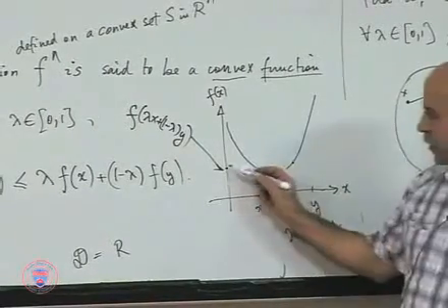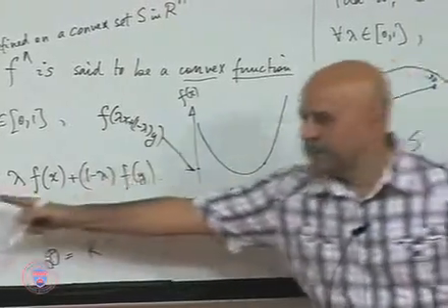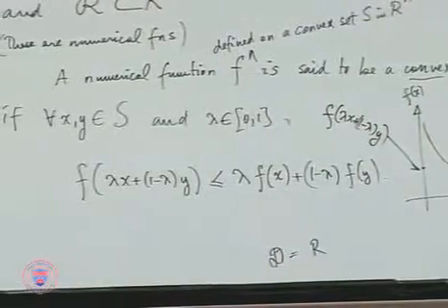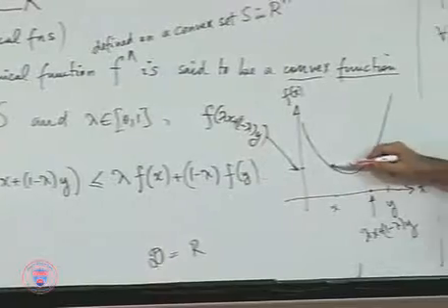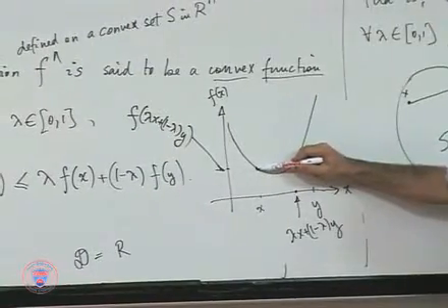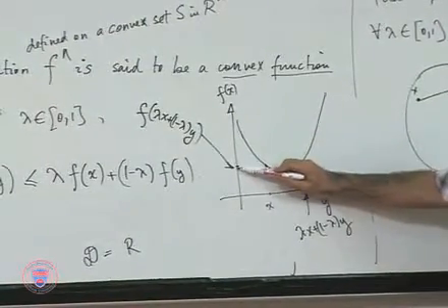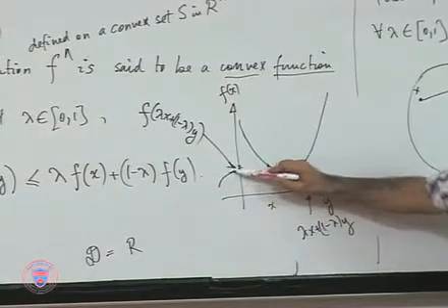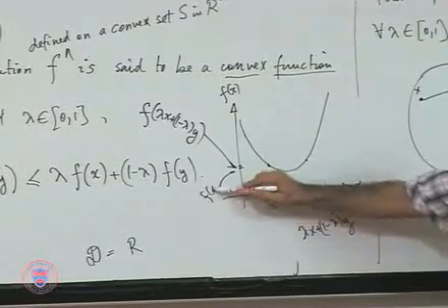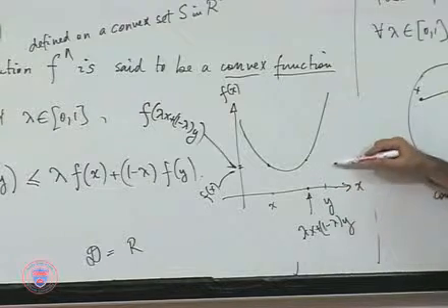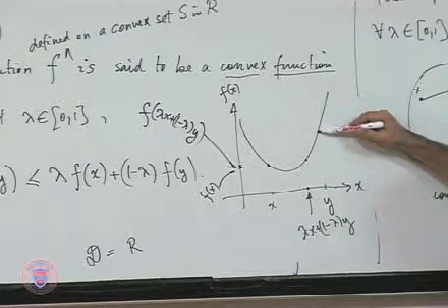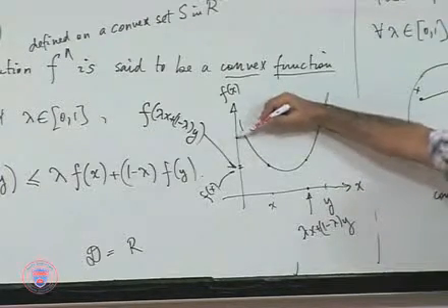So the left side is here. That's my left side in the definition. What is my right side? For the right side, I evaluate x first, f of x, which is somewhere here. And then I evaluate y, and I get this number.